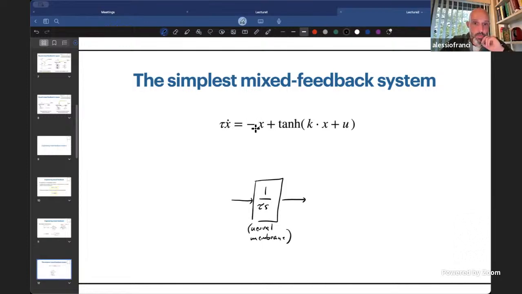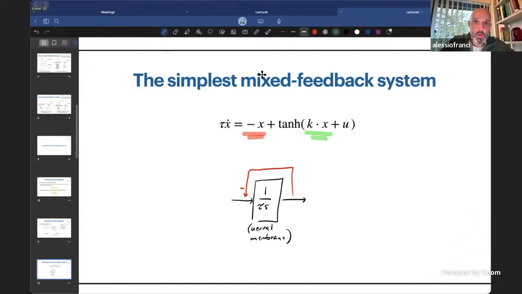And okay, first of all, you have the negative feedback loop. That's this one here. Maybe let me use colors. This is the negative feedback that corresponds to this term here. And on top of it, you have this new term: in the sigmoid, I'm not only putting inputs, but I'm also putting a function of the state.